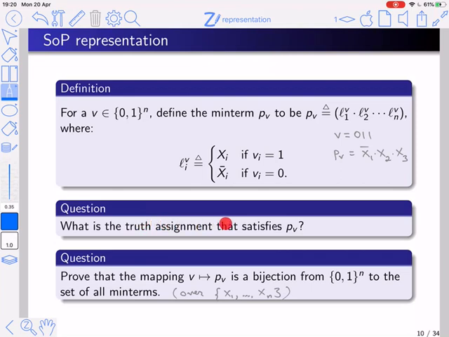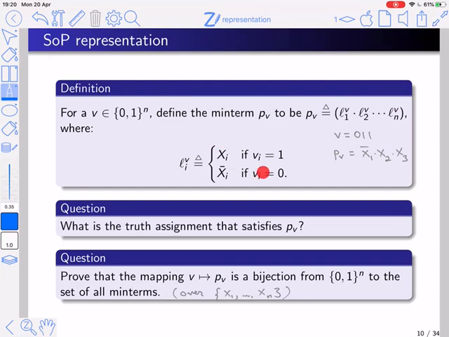Now, what truth assignment satisfies P of V? We know that P of V is a minterm, so we know that it's satisfied by a single truth assignment. What is the truth assignment that satisfies P of V? That truth assignment would have to satisfy each and every literal in the product. Well, if Vi is 1, then the literal is xi. So to satisfy xi, you must give xi the truth value 1.